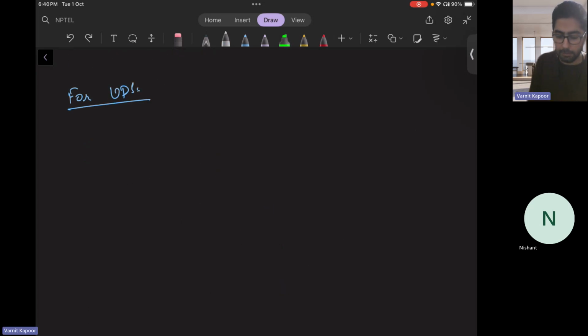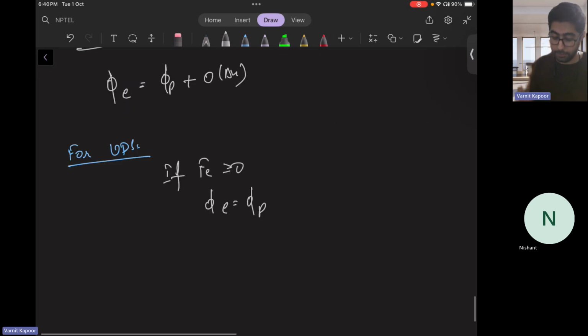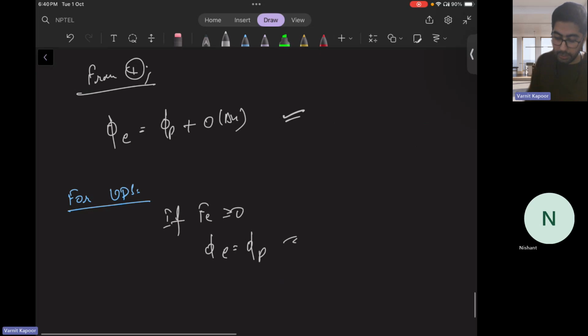For the upwind differencing scheme, if F is greater than or equal to 0, then phi E will be phi P. So it is only first order accurate. We have taken the truncation error as first order accurate.